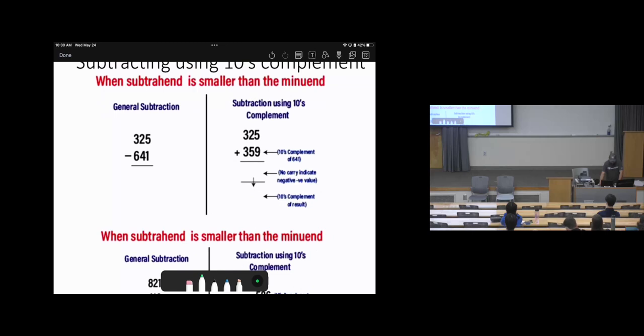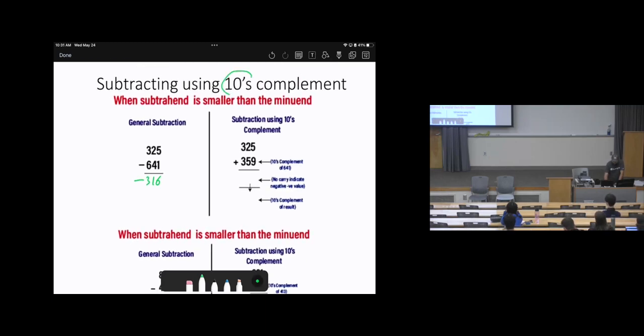Here's the tens complements. 325 minus 641. So the answer should be negative 316. How do we do it? Using the complements. Don't forget we are doing tens complement. Don't say 9 minus 1, 8. 9 minus 4, 5. 9 minus 3, 9 minus 6, 3.